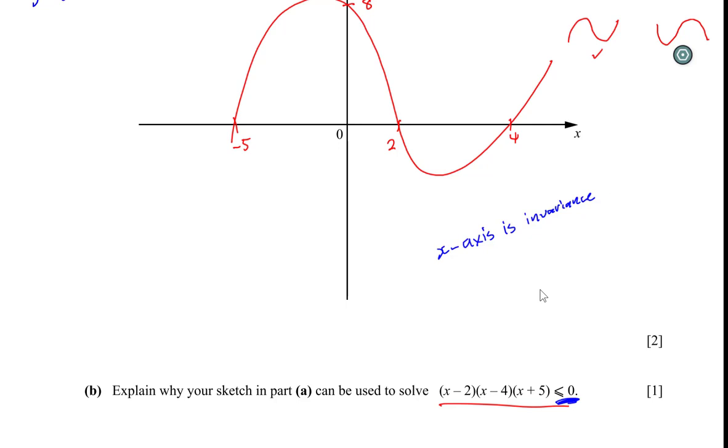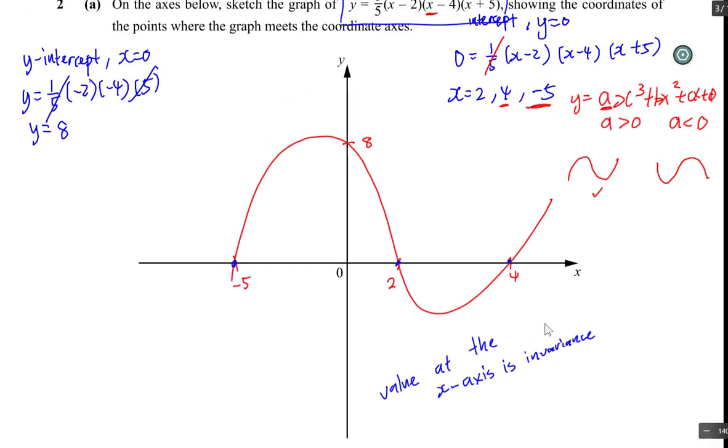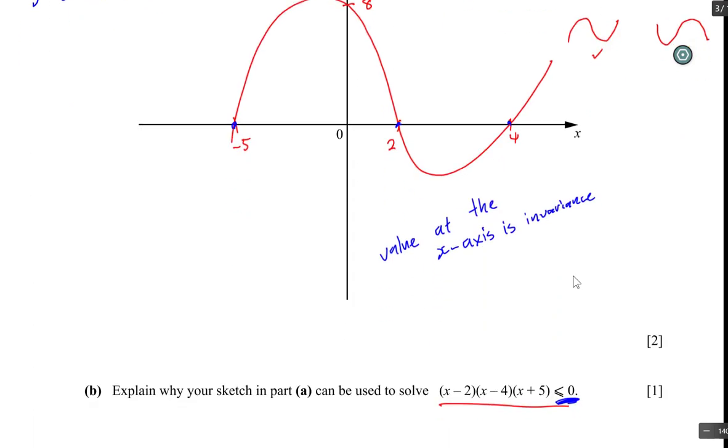So when I say the value at the x-axis is invariant, that means all the x-intercepts remain the same. Or you can use any words that make sense for you, or you can say something like when y equals 0, all the x-intercept values don't change. Therefore, I can use it to solve this equation.